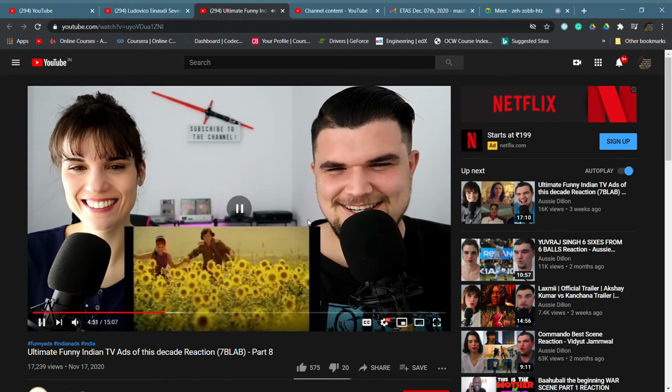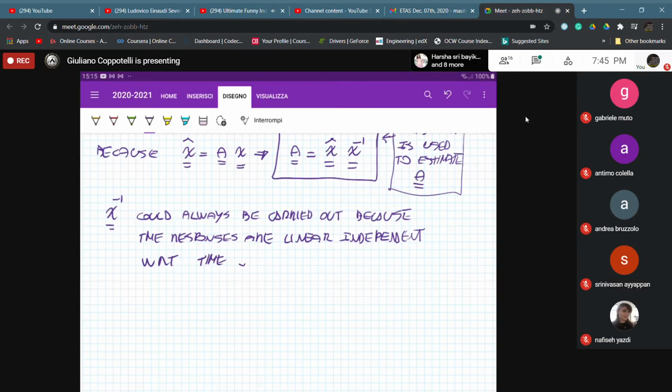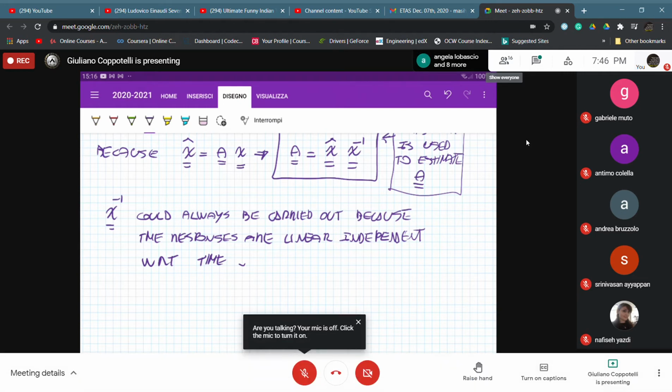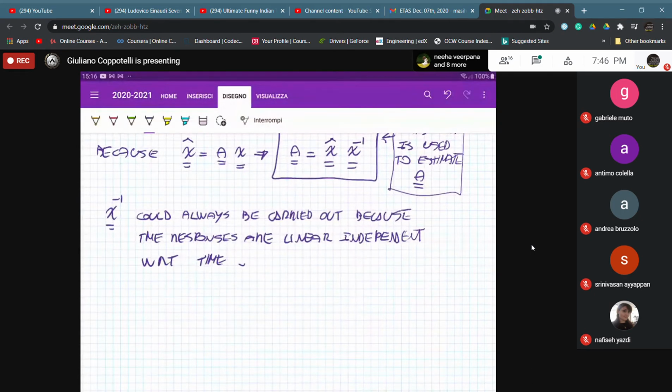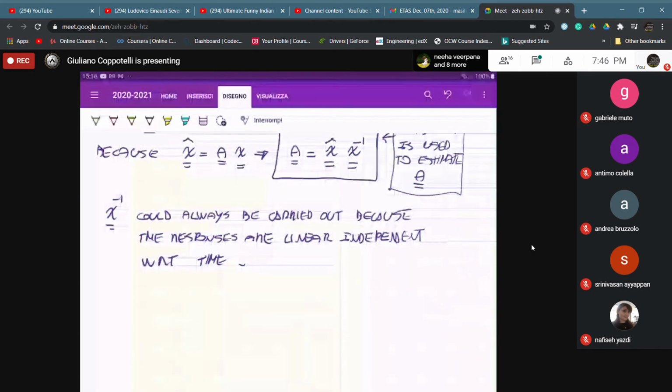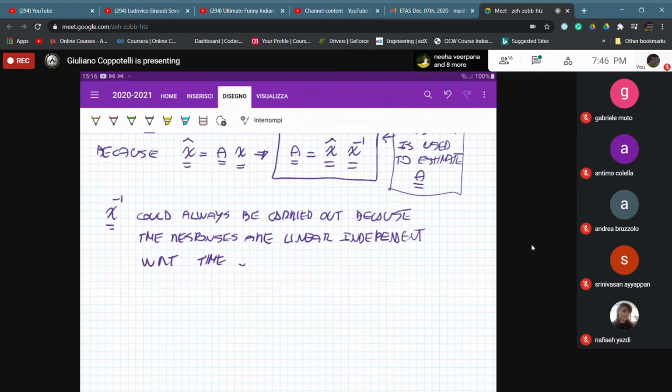Now let's resume the class and let's see what's happening to this method when we are not dealing with a square matrix. Remember, we assume that the number of sampling points and the number of outputs that we consider to record your free responses was set equal to the order of the system, that is equal to m.